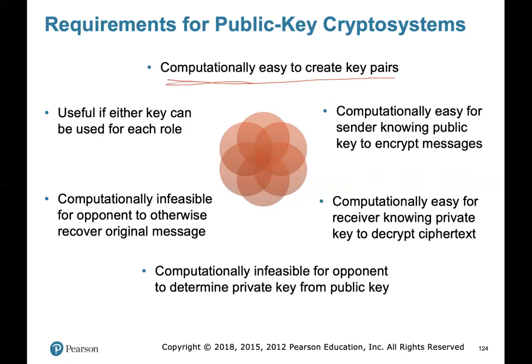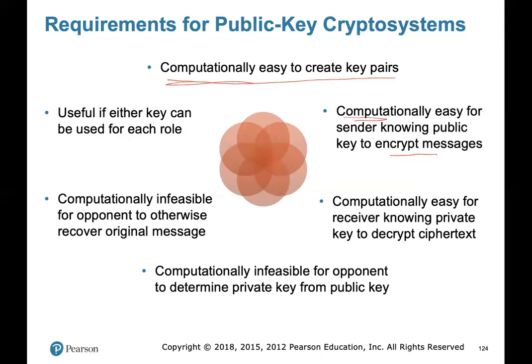We don't want something whose key generation is very complicated and needs many cycles or many rounds and takes power, energy and computational power of our computer. So key generation should be simple and easy, and this is what we see in, for example, RSA and also in Diffie-Hellman.